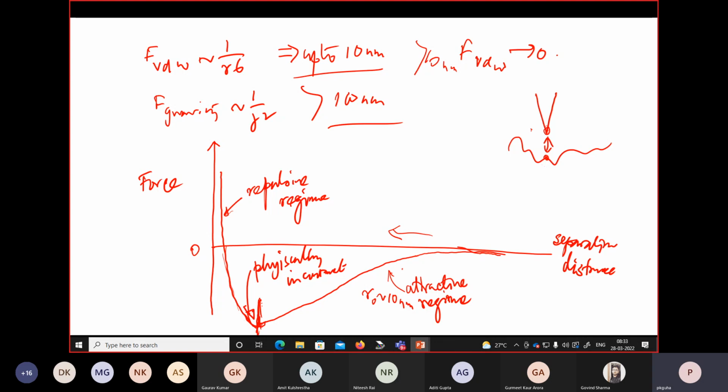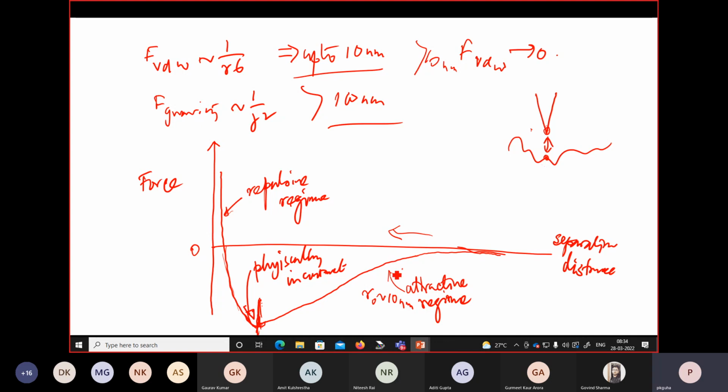Okay, so let me repeat it once more. Van der Waals force is usually attractive in nature because, as I mentioned, it will create momentary plus delta and minus delta charge between the tip of the probe and the surface atom. Now, if you bring closer and closer between the tip and the surface, this attractive force will increase.